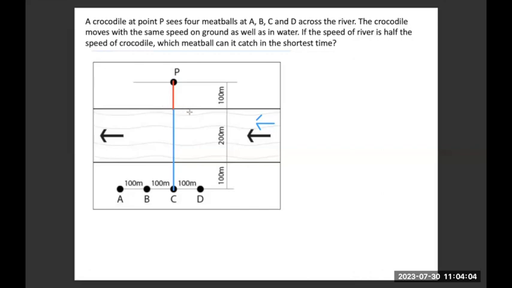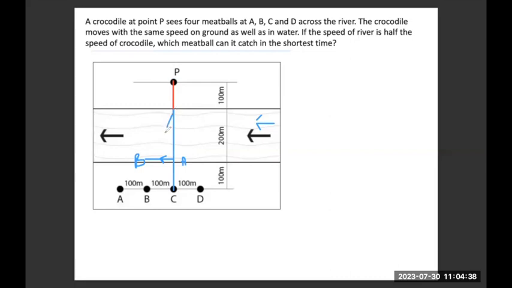So if the crocodile takes 1 minute to travel the distance of 200 meters, within that 1 minute, the river would have moved from this point to this point, which is point A to point B. In that 1 minute that the crocodile traverses, the river would have moved from point A to point B in that same time frame as the crocodile moves.